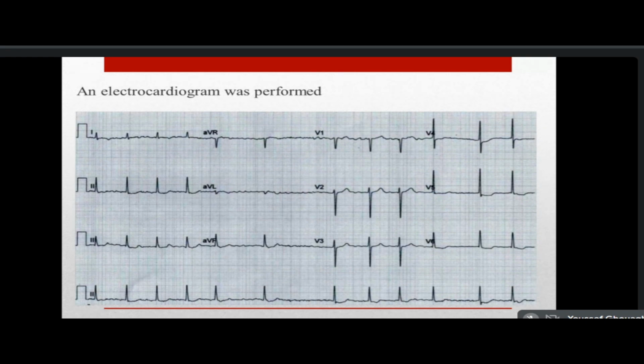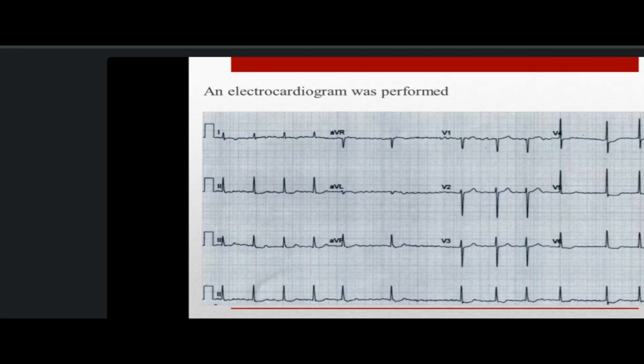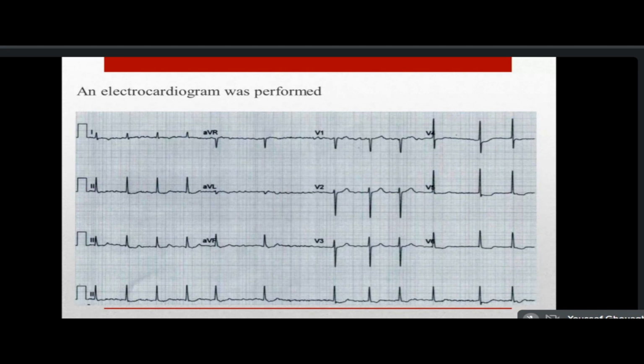The suggestion was atrial tachycardia with ST depression, or ventricular tachycardia with ST depression, or atrial fibrillation with non-ST elevation. And then we have also atrioventricular block, third degree.